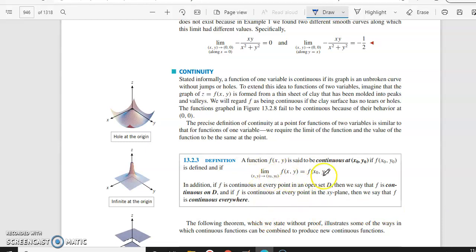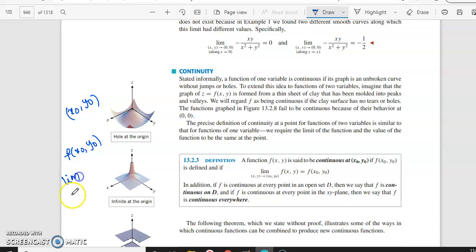The continuity definition is just like what we take in the one variable case. So the only difference is in how we define continuity. A function is said to be continuous at a point x0, y0 if f of x0, y0 is well defined.